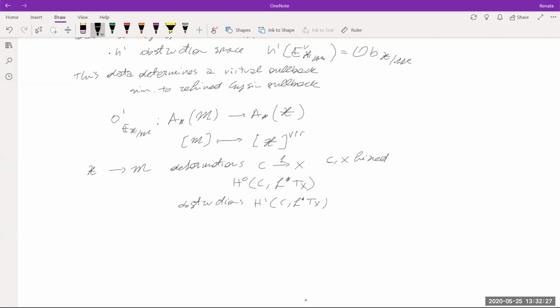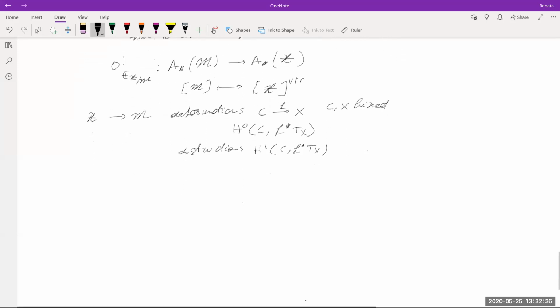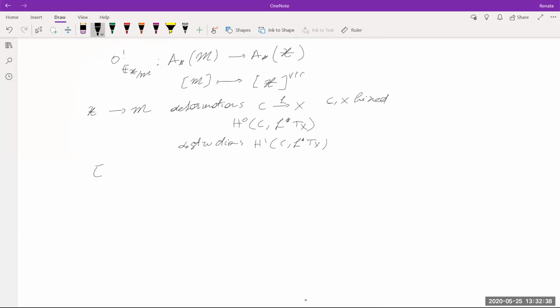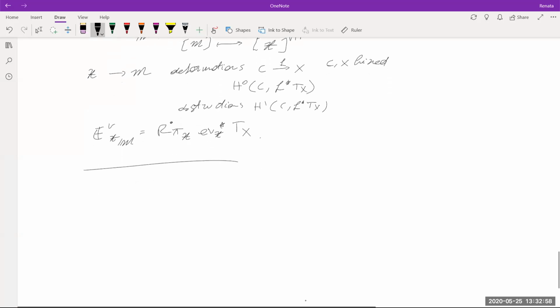I'm sorry about the detail on this; in the last part of the talk, I hope to talk about some different perfect obstruction theories. I just wanted to introduce this a little bit. And this all can be packaged into some global object. So the perfect obstruction theory just ends up being the derived pushforward of the pullback by the evaluation map of T_X.